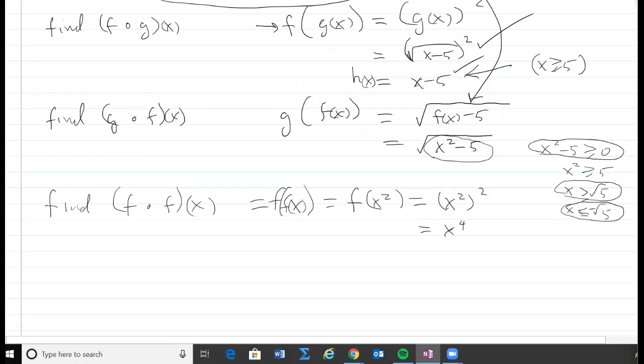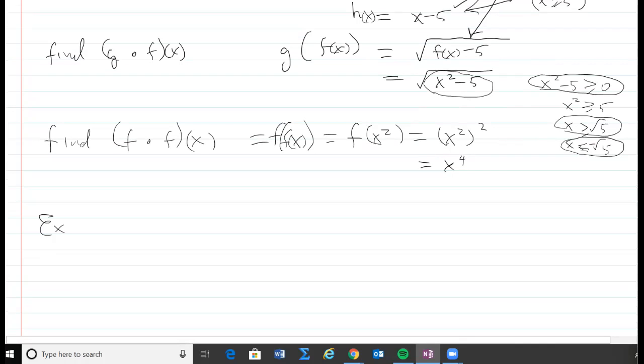Okay, one more thing, that is what makes these useful later on: being able to view a function as a composition.